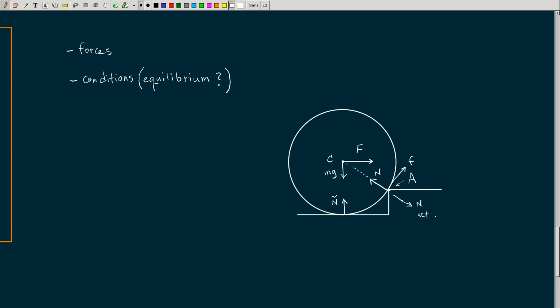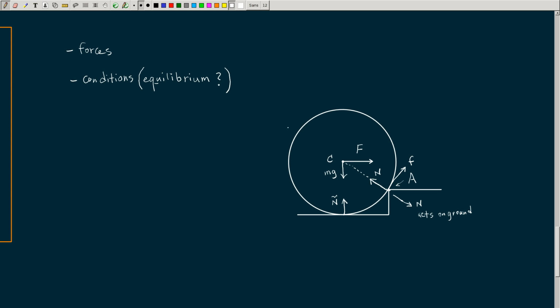If you think about this ground as an object, and this is the surface that the ground is sitting on, this is a normal force. Normal, what does normal mean? Normal to this surface here. And the normal to this surface is the line passing through the center, because this is a circle.